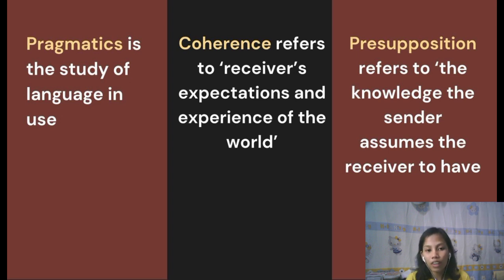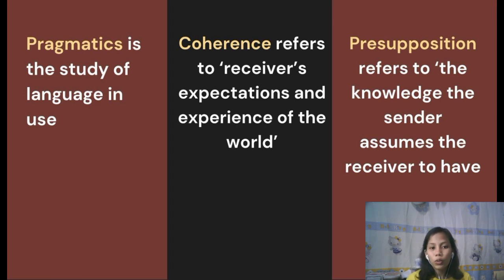So, let's define coherence. Coherence refers to the receiver's expectations and experience of the world, while presupposition refers to the knowledge the sender assumes the receiver to have, or which is necessary in order to retrieve the sender's message.